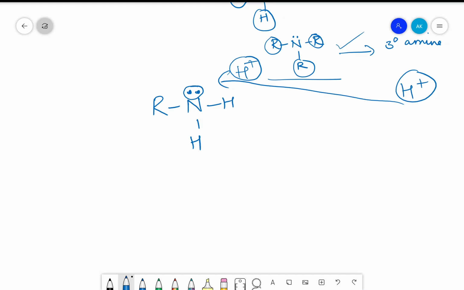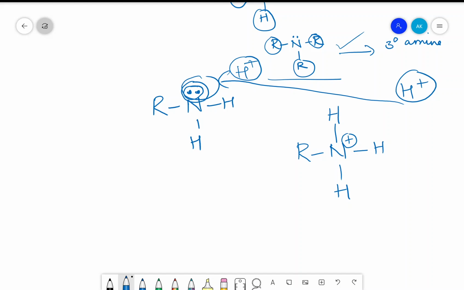And if it is going to accept a proton, these lone pairs which we are denoting on nitrogen will help in the formation of a bond. So the incoming proton is going to attach to the nitrogen with the help of this lone pair, and it will form a bond, and that will give us RNH3. As the nitrogen is losing the lone pair, nitrogen is going to get a positive charge.